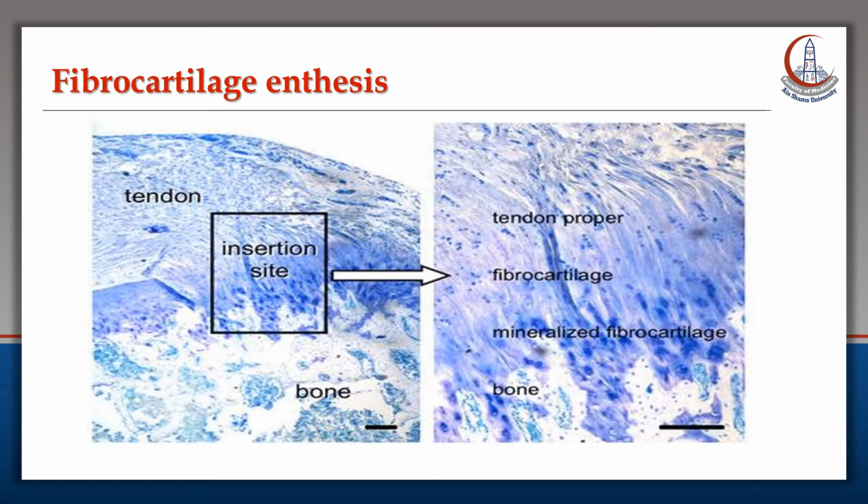As you see, these transition zones start by tendon proper with longitudinal fibroblasts, then a zone of fibrocartilage with predominant chondrocytes, followed by abrupt transition to the zone of mineralized fibrocartilage, which is the blue line.